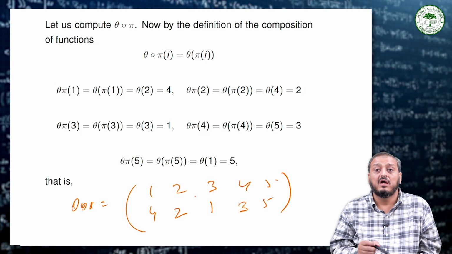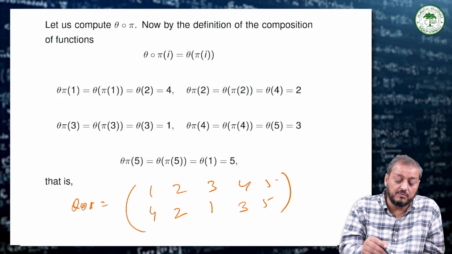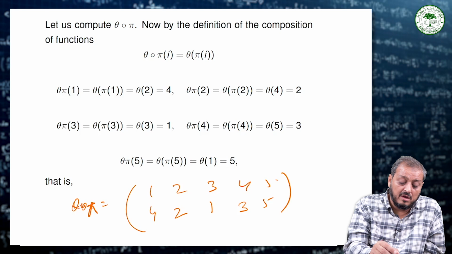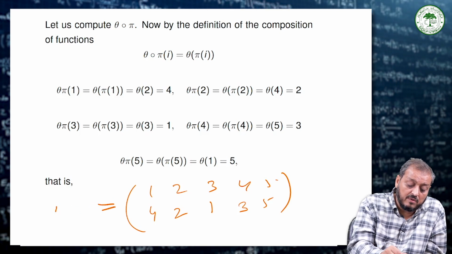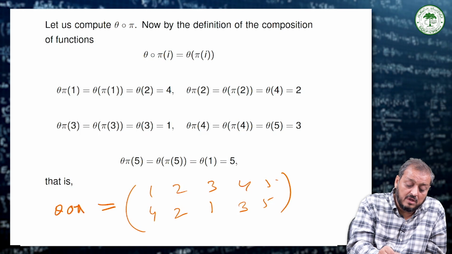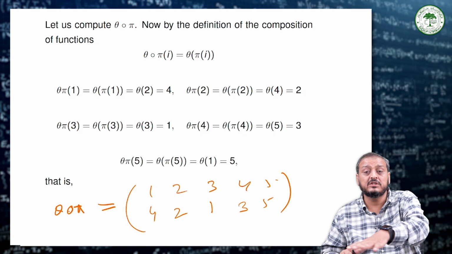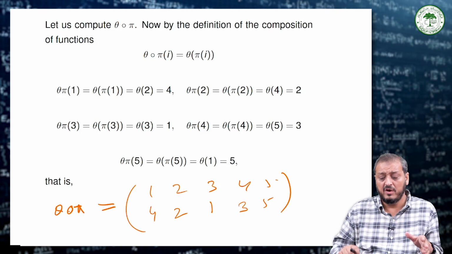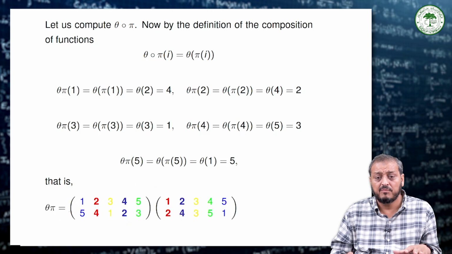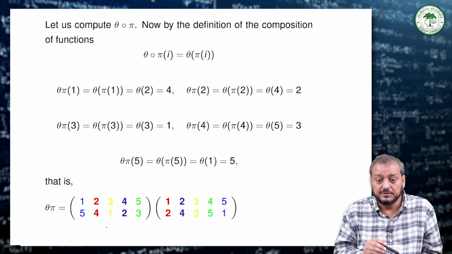This is the two-row notation of theta composition pi. This is a very simple and convenient way to write the product.